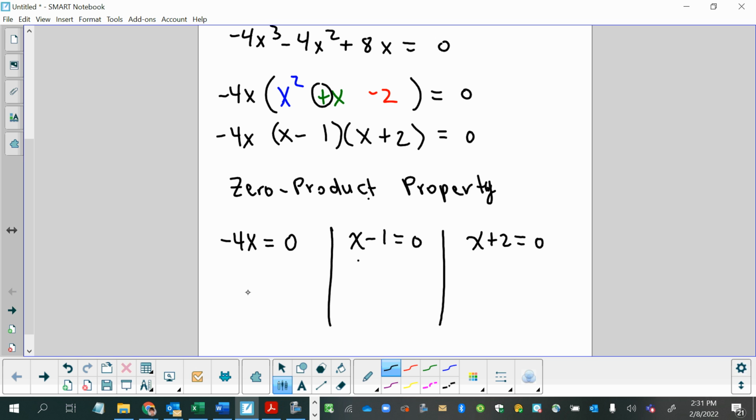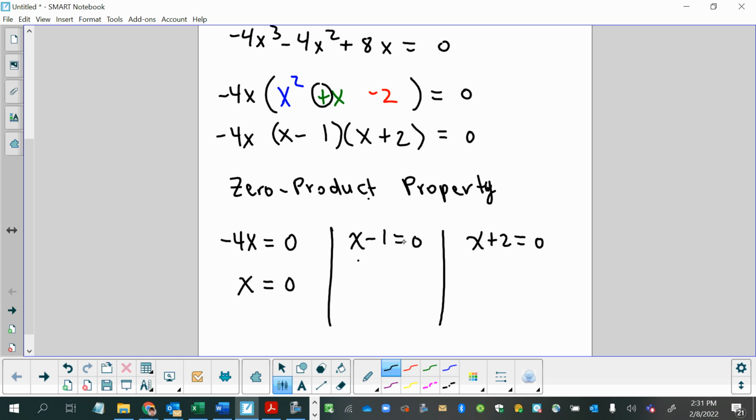For the first factor, negative 4x equals 0, I'm going to divide by negative 4 on both sides because the opposite of multiplying negative 4 times x is to divide by negative 4. And as long as I do the same thing on both sides of the equal sign, it all stays equivalent. Since 0 divided by anything is 0, my answer for this part is x equals 0.